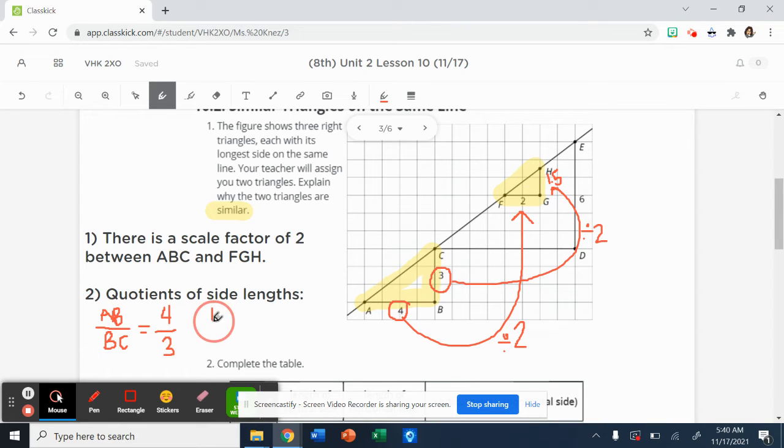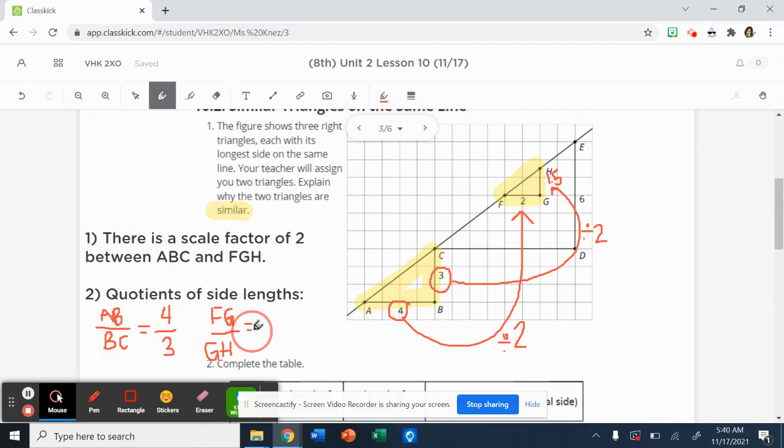And I know that FG divided by GH is 2 over 1.5. Now, we don't usually have a decimal in a fraction, right? It's not usually included in a fraction.